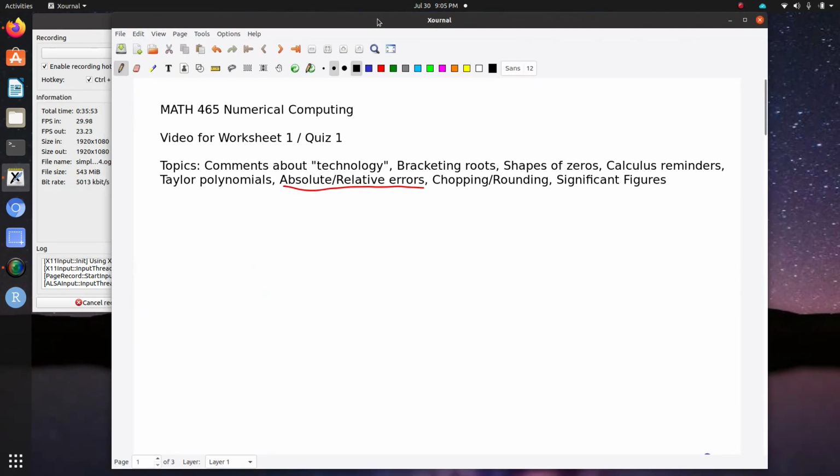Okay, so if you calculate something, and f is the actual function value, but your approximated value is f with a little hat. I'll call that f hat. So for example, maybe it's a Taylor polynomial or whatever. You just take the absolute value of the difference, and that's your absolute error.